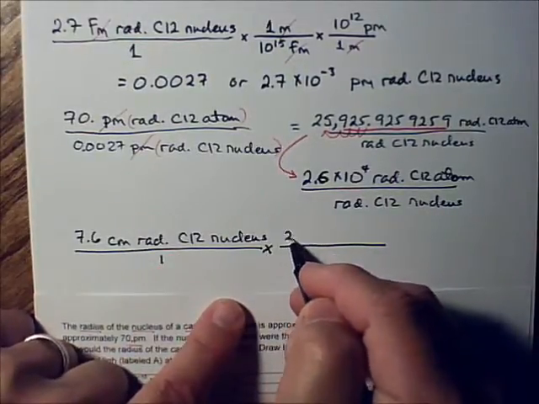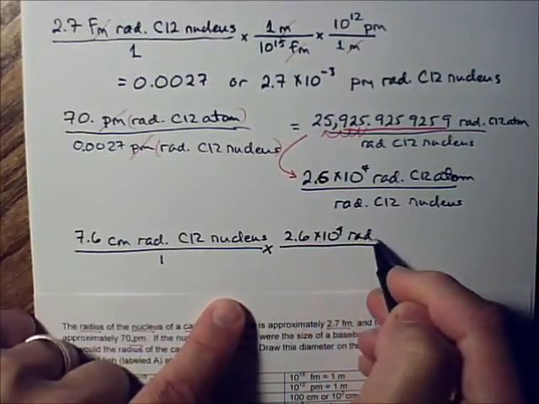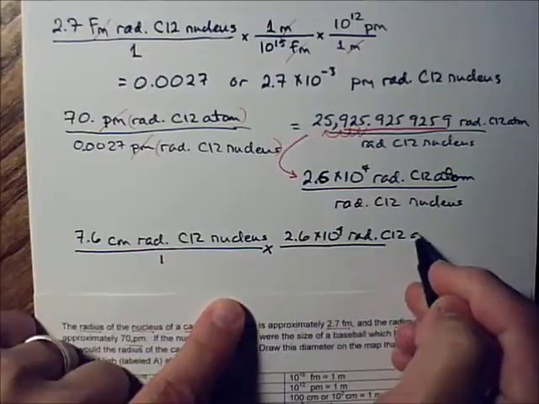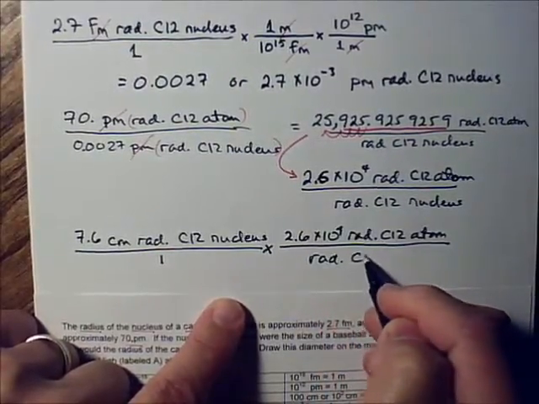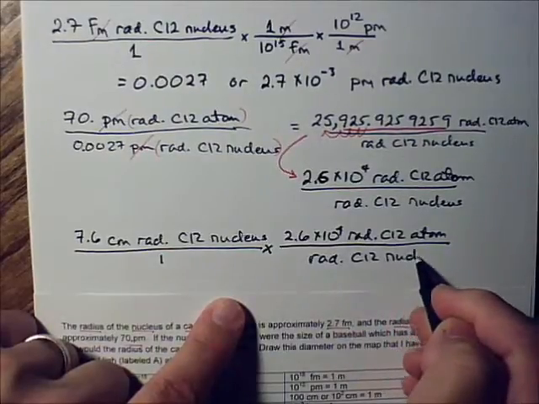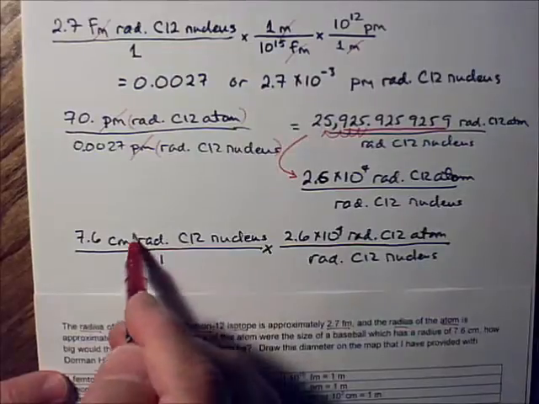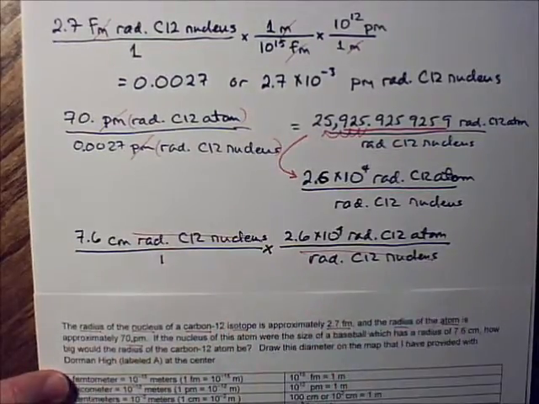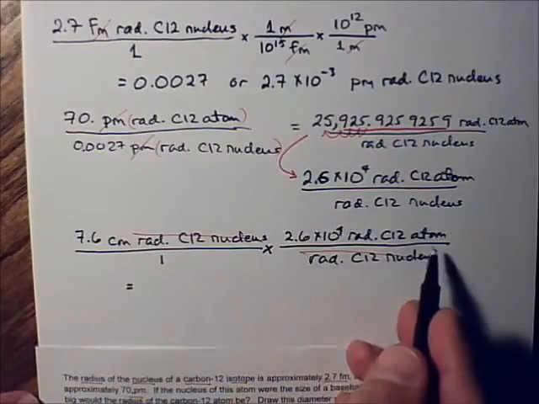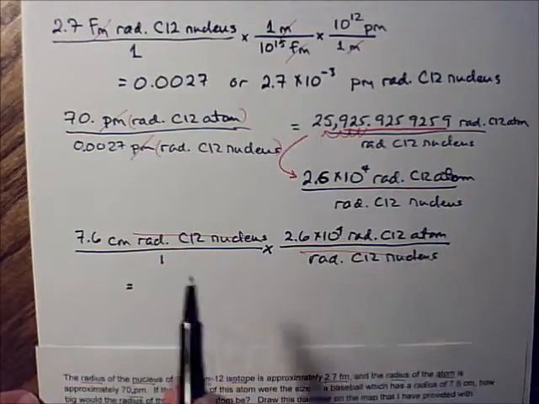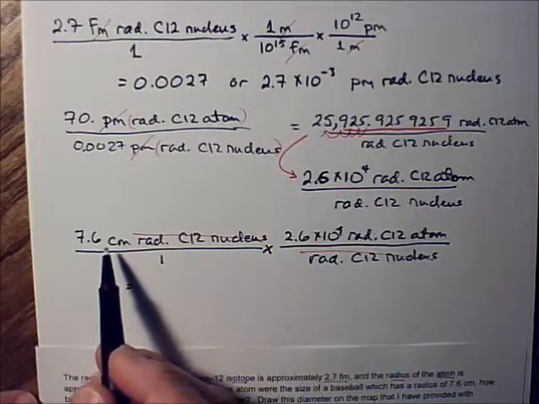So if I arrange it like this, 2.6 times 10 to the 4th power radius of the carbon-12 atom over the radius of the C12 nucleus, what cancels? That all cancels right there, doesn't it? So when we get done with this, we'll know the radius of the C12 atom if our nucleus is 7.6 centimeters, like a baseball. That make sense?